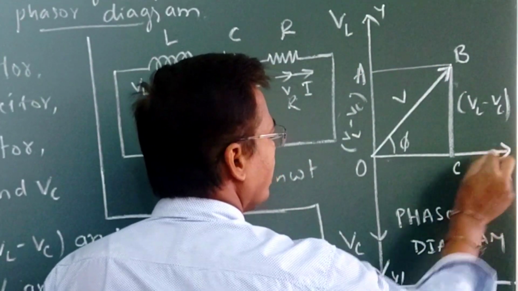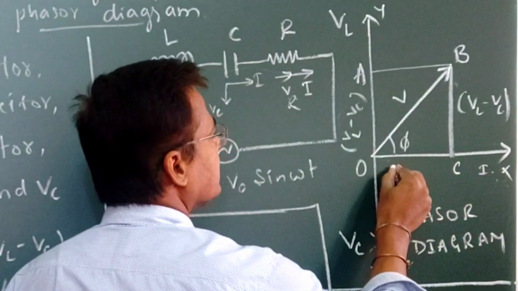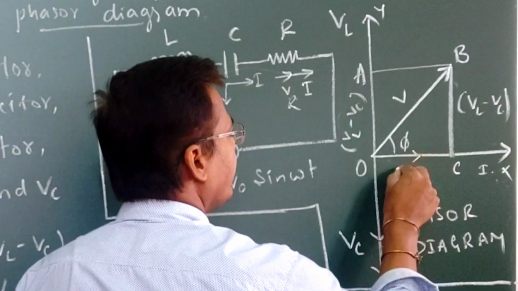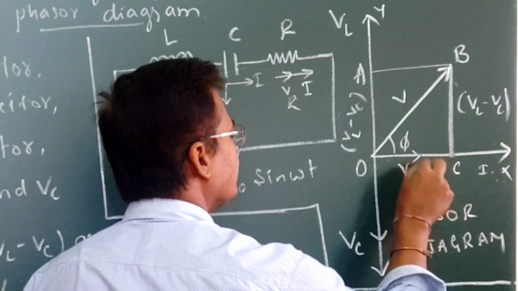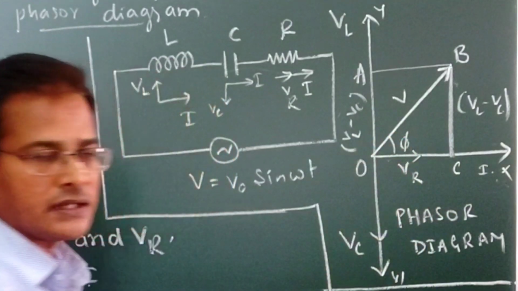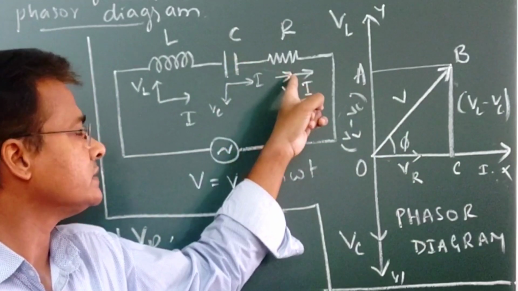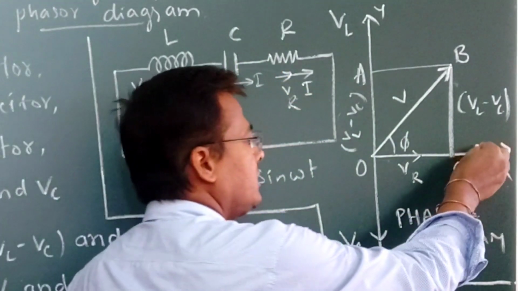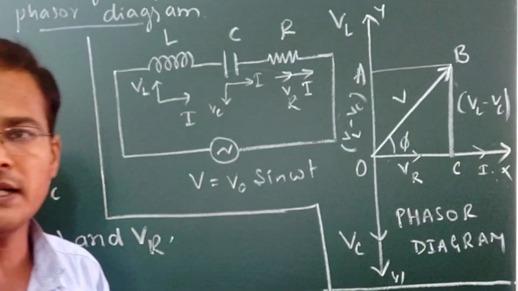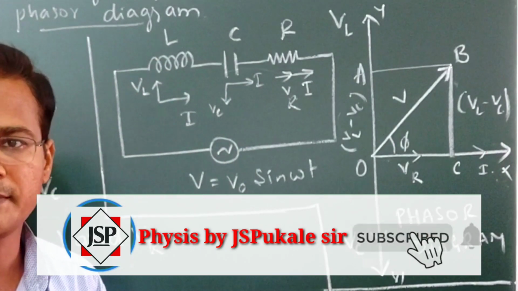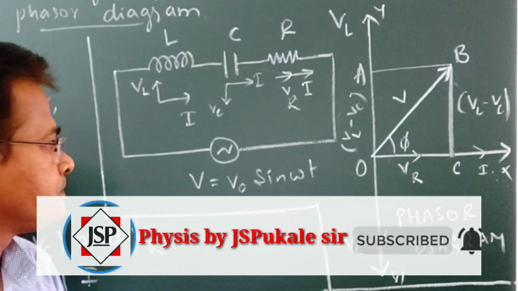From here to here is the potential across the resistor. Both are in the same phase, current and potential are the same in the resistor.